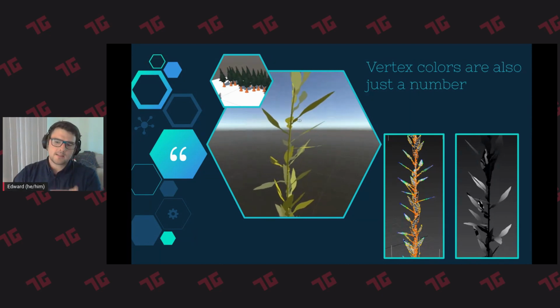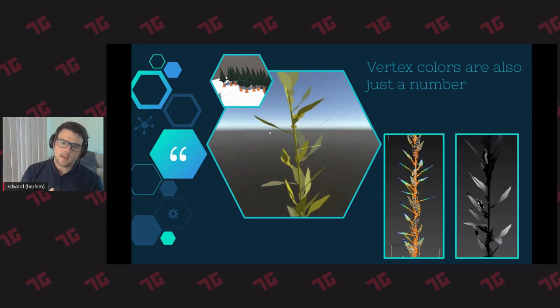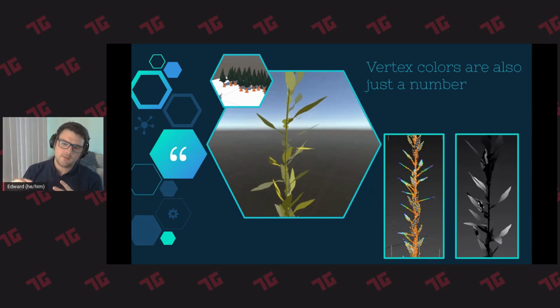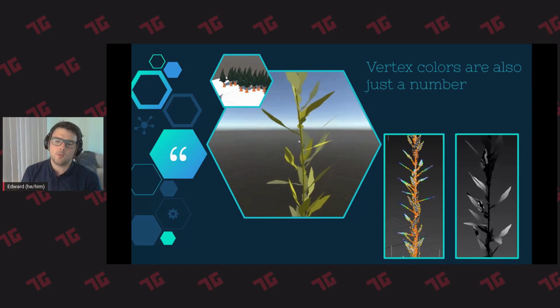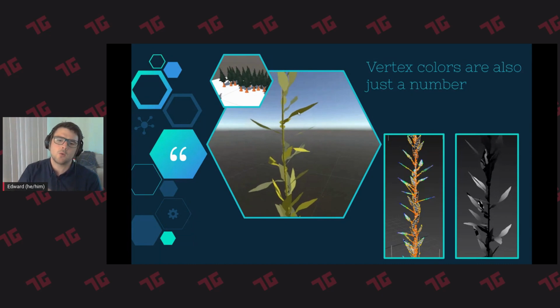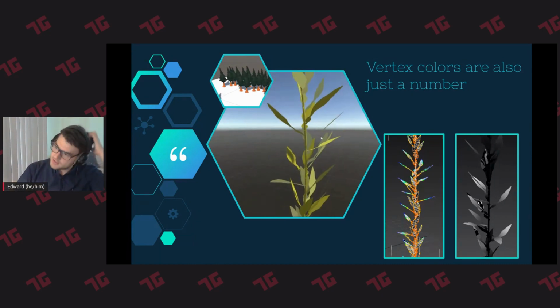In this context, I created a plant that I often use for trees, or have previously used for underwater plants. In this particular one, I used my UV coordinates and my vertex colors, because vertex painting is relatively easy.